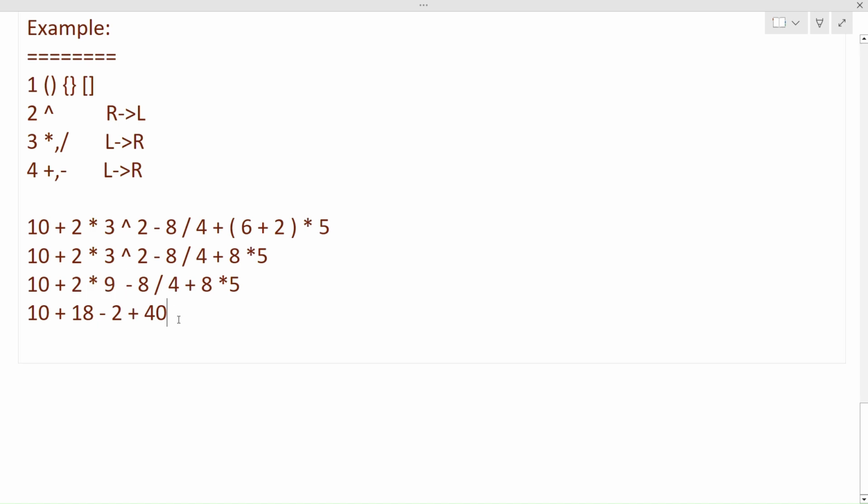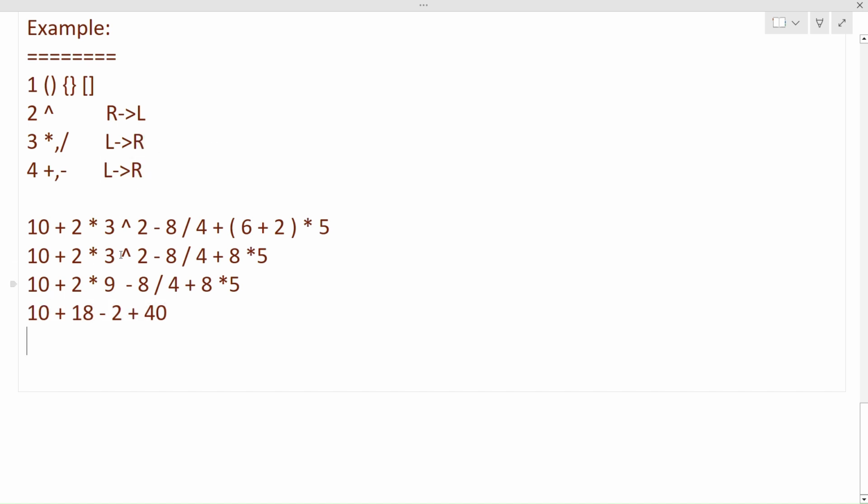And for this particular problem, if we go from left or right, nothing is happening, but as I said in the earlier example, the result was changing, so there we use associativity. And now as we can see here, plus and minus, addition and subtraction is there, and both have the same precedence level, so the associativity is left to right, so we traverse from left to right.